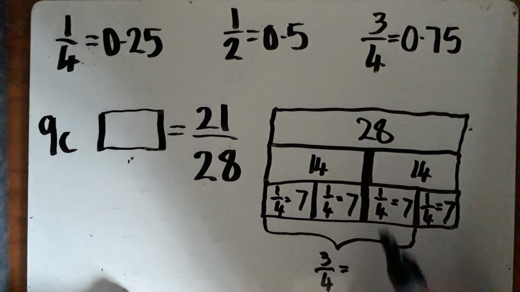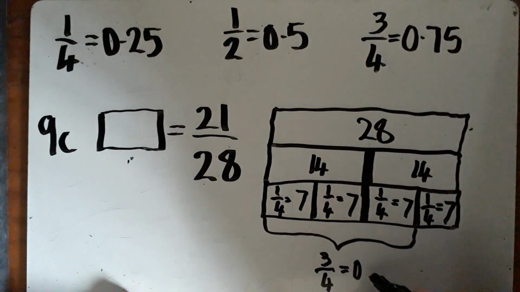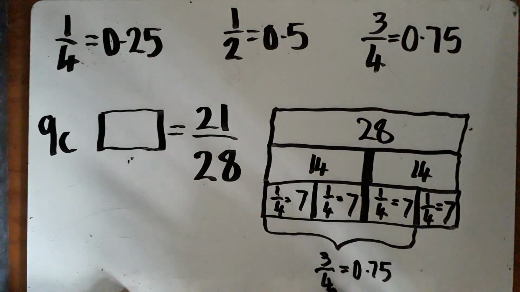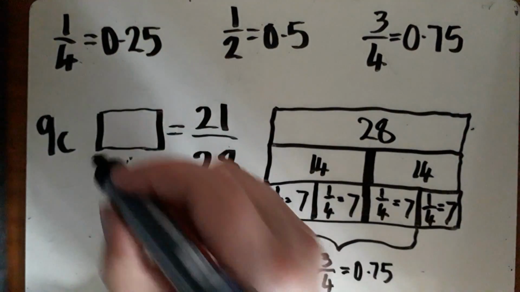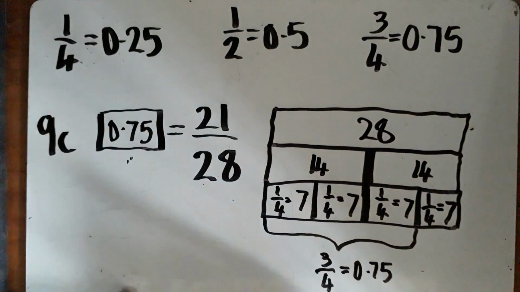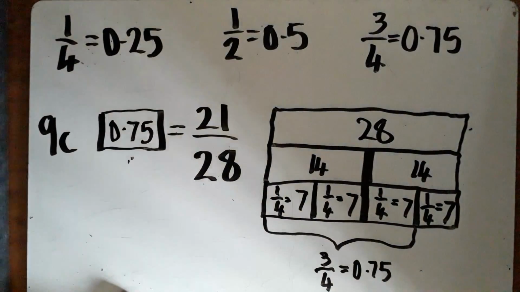And if I'm looking for my decimal, it's the same as 0.75. Okay, so 21/28 is actually the same as 3 quarters, right, which is the same as 0.75. Okay.